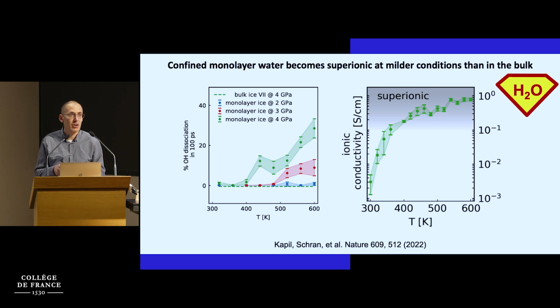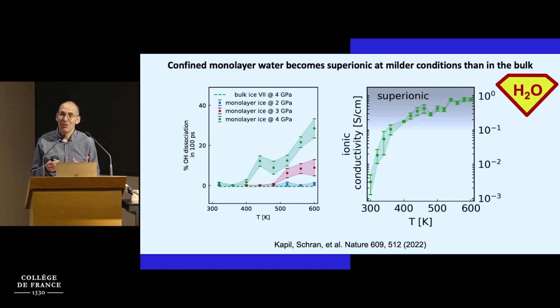The third point I want to make about these systems is that it doesn't just need to be water that we confine within these geometries. There is the possibility of using the pressure that arises from confinement in van der Waals materials to trap other liquids, in particular other hydrogen-rich liquids.